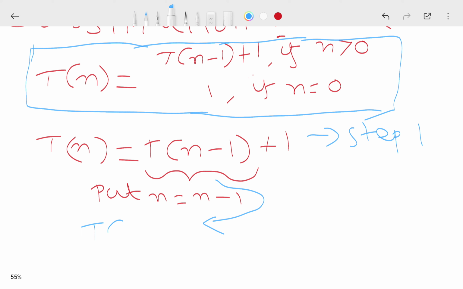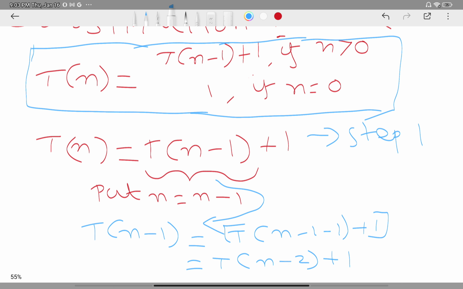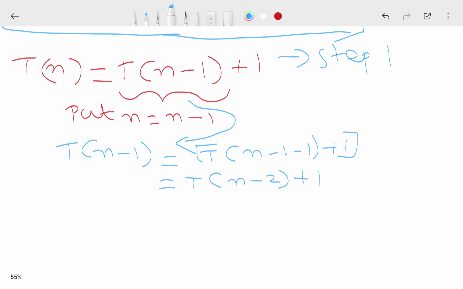So T of n minus 1 equals T of, instead of n, we put n minus 1, so T of n minus 2 plus 1. Now we know the T of n minus 1 value.